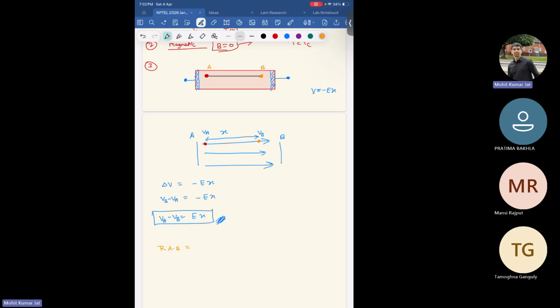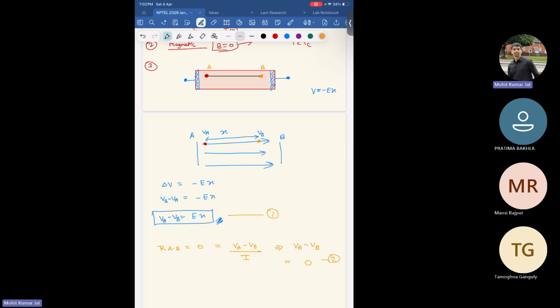As you guys told me, it's zero for a superconductor. Resistance is VA minus VB divided by the current which I am passing through the sample to measure it. And what does it tell me? It tells me that VA minus VB is nothing but 0. This is my equation number 1. This is my equation number 2.